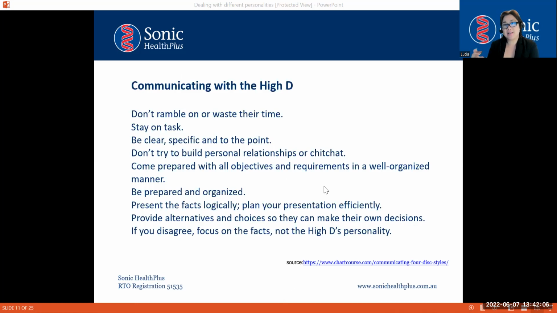Now, it's saying high D because it is very possible that people will have a combination of personality types. I could be a D and an I at the same time, or a D and a C, okay? And it could be that I might be a split of 3 or even 4 personalities, but they all change depending on the environment, depending on the topic, depending on the interaction, who they speak with.